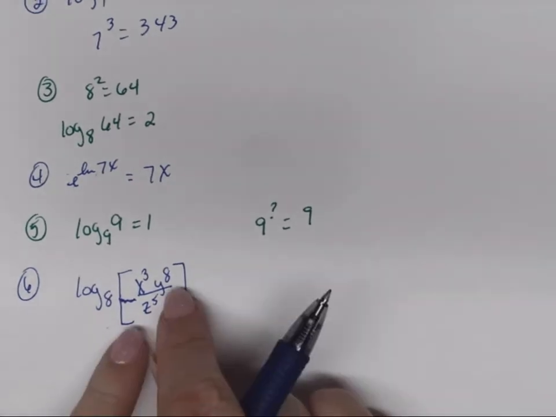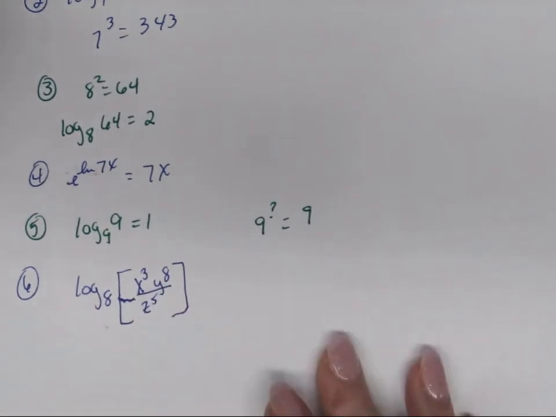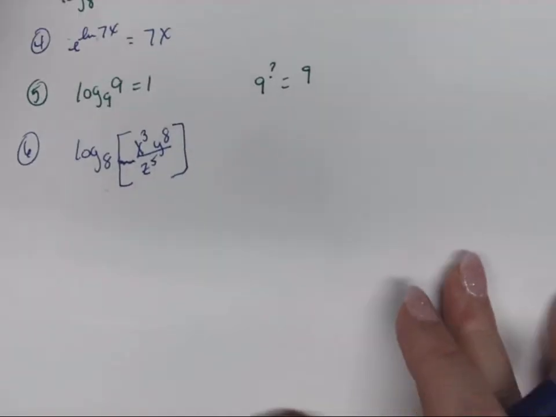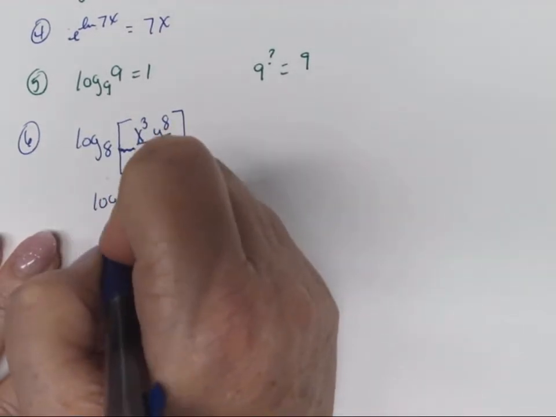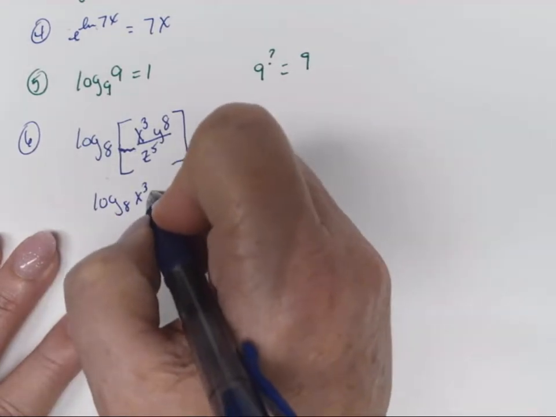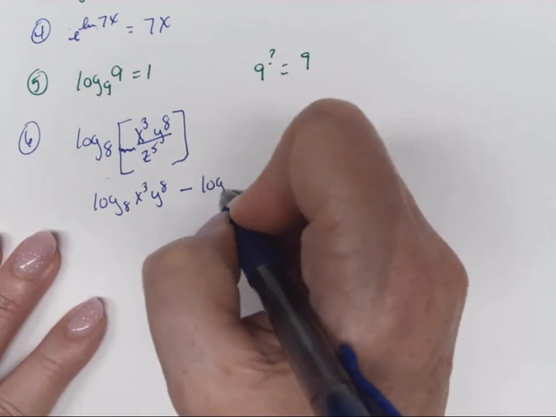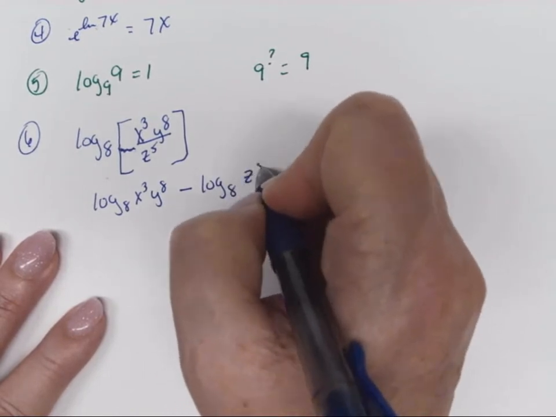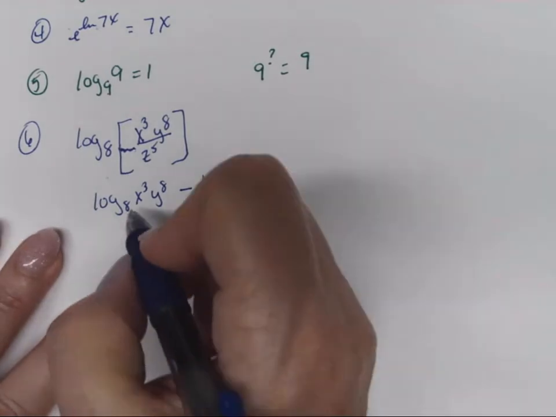So remember, the division becomes subtraction and multiplication becomes addition. So the first thing we're going to do is do the subtraction part. So log base 8 of x cubed times y to the 8 minus log base 8 of z to the 5th. And when you expand it, that log comes with it.